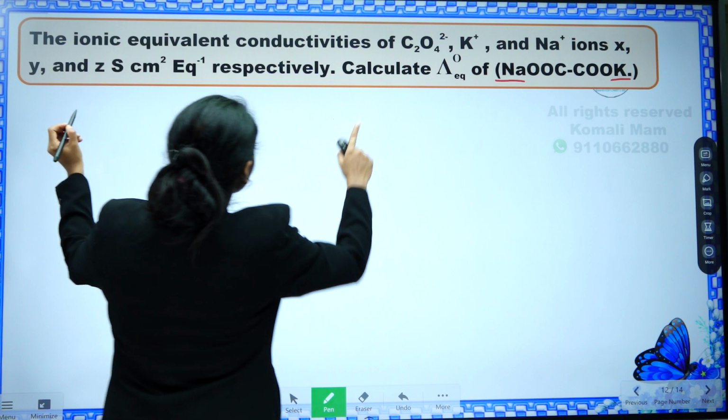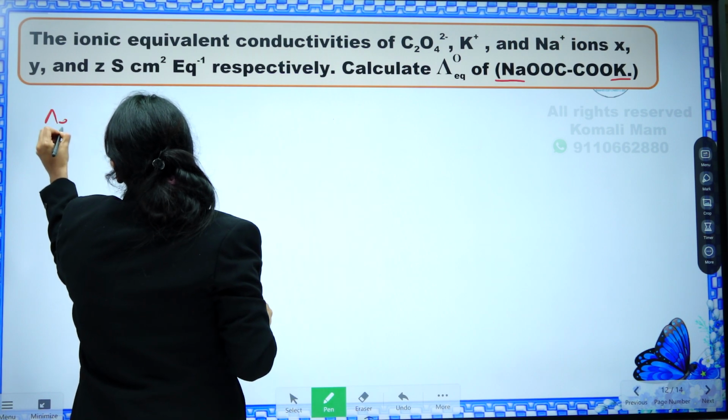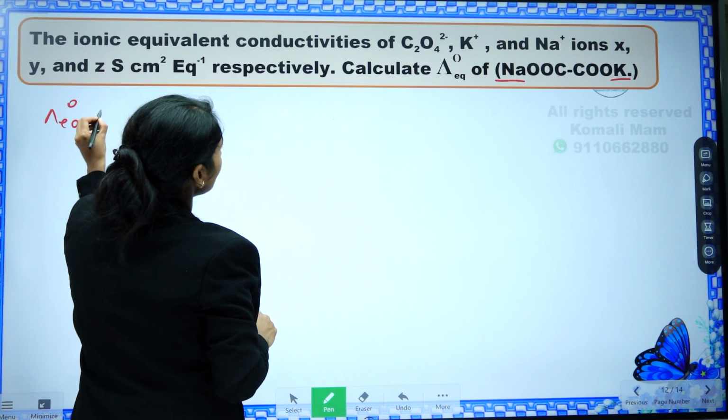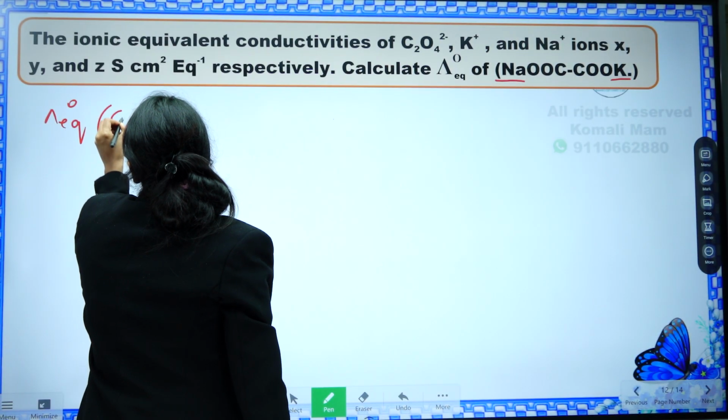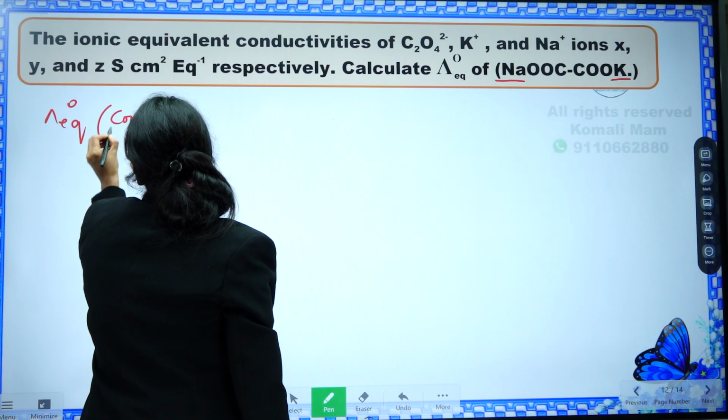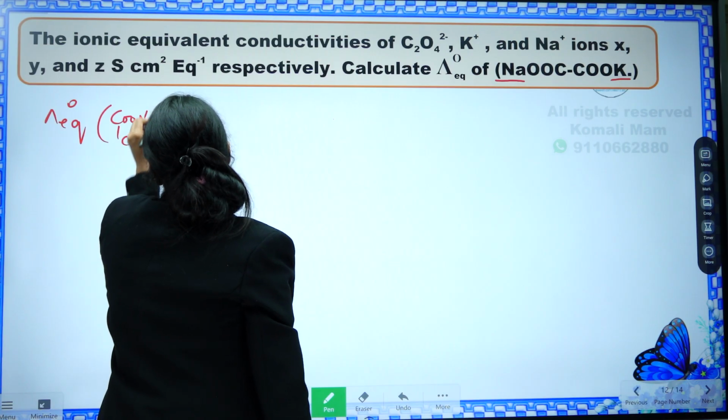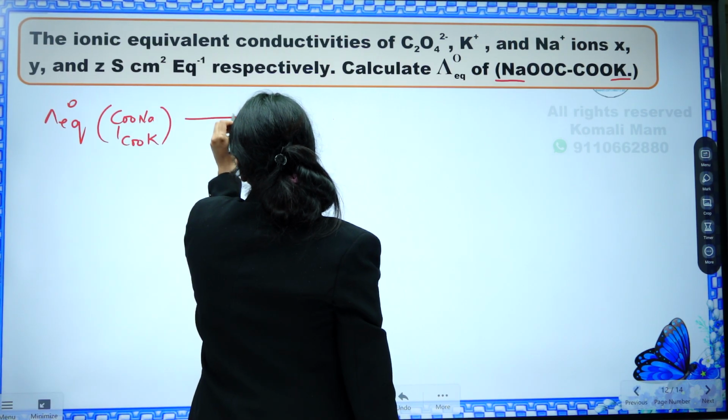Let us see how. Now, the equivalent conductivity at infinite dilution of COONa COOK. How does it dissociate?